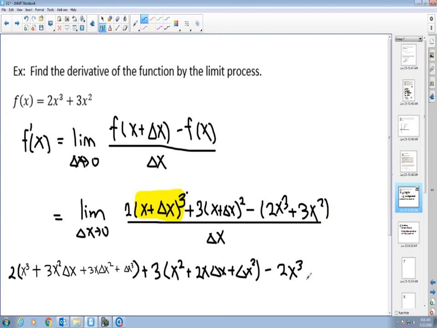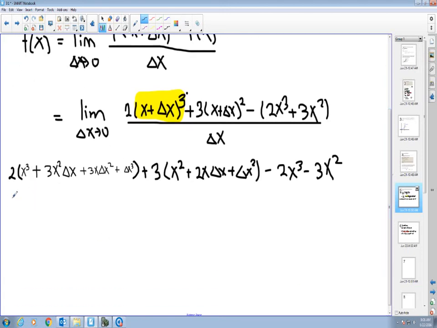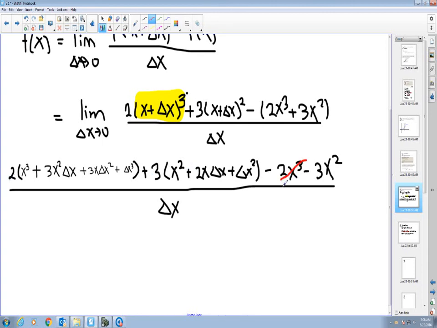My fault. Minus 3x squared. Alright, let's see if we can combine some like terms here, everybody over delta of x. 2 times x to the third plus 3, 2x to the third minus 2x to the third, that cancels out.